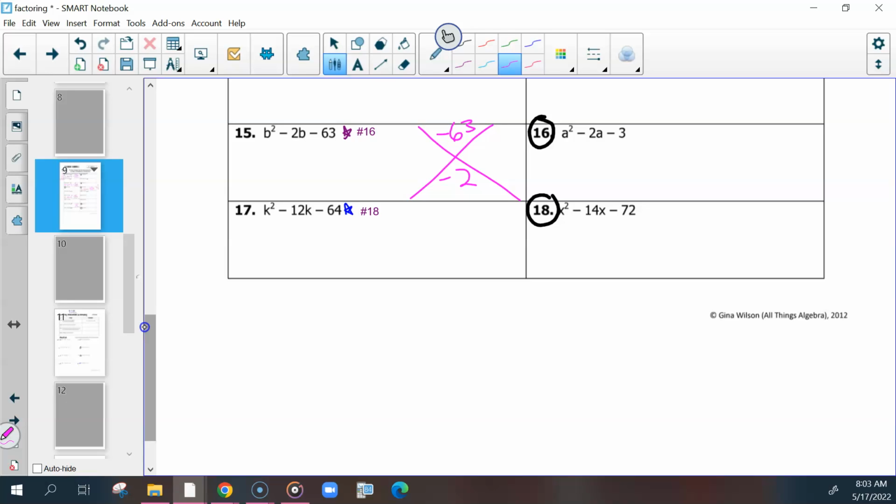So what are two numbers that would work? -9 and +7. So our factors would be b -9, b +7.